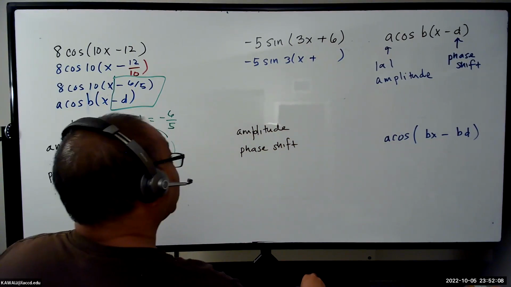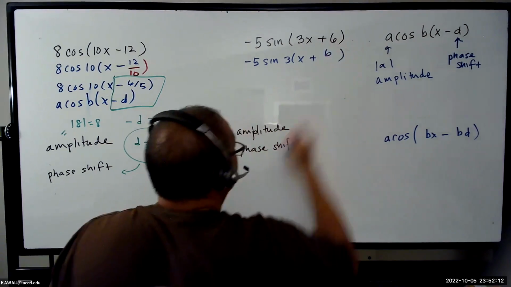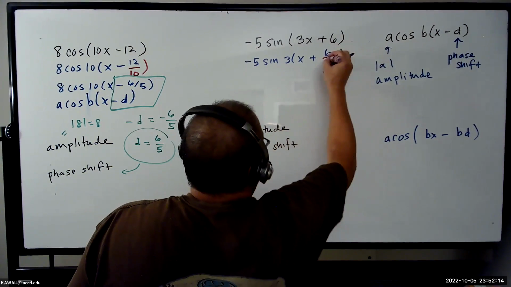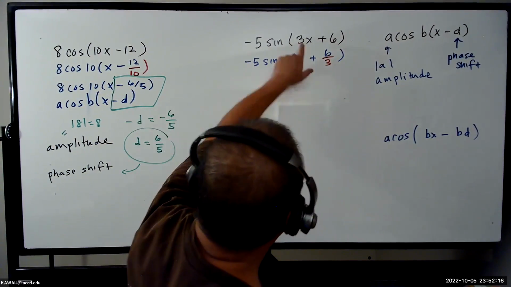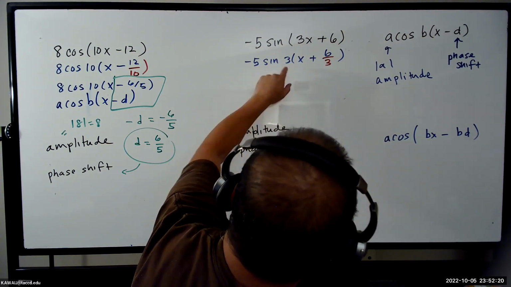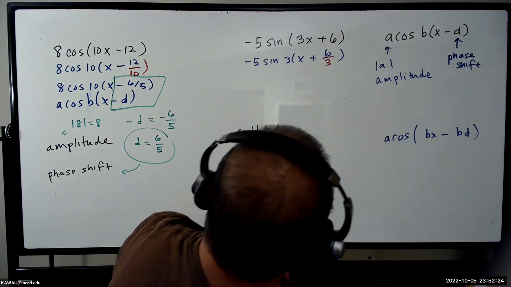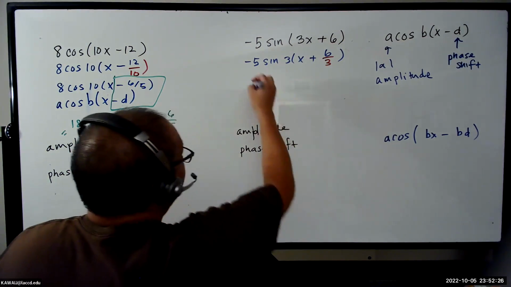Now, in order to make the distribution work, that's going to be 6 divided by 3. Okay, whatever this is, I'm going to divide that 6 by it. Okay, so this times this gives me 3x. This times this gives me 6. So now let's simplify that.